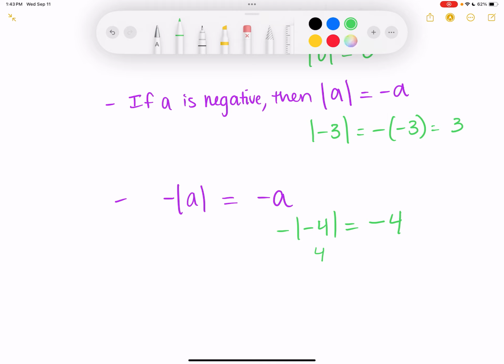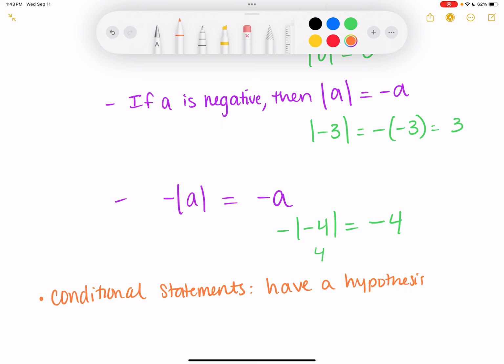The other thing here in this section that we have are called conditional statements. And these have a hypothesis and a conclusion.